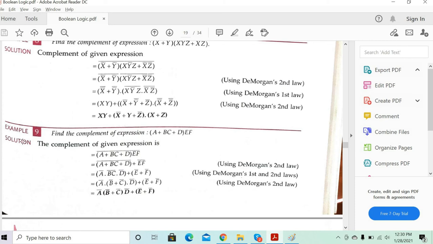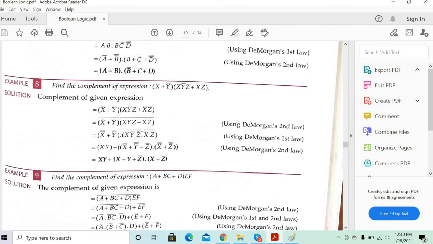But let's finish example 8 and then we can go.